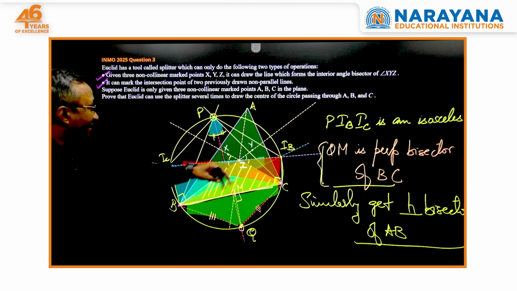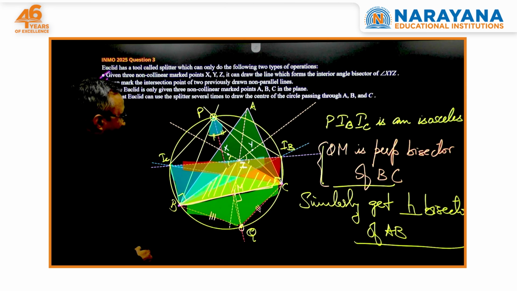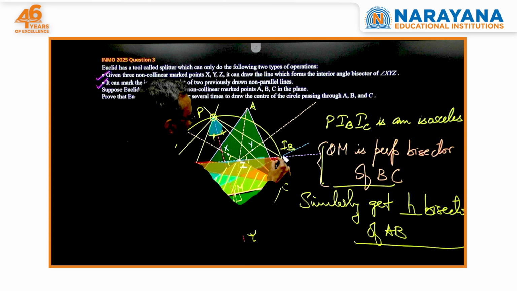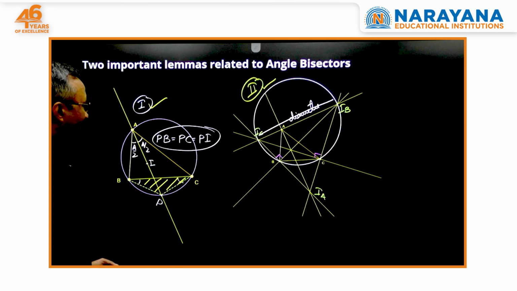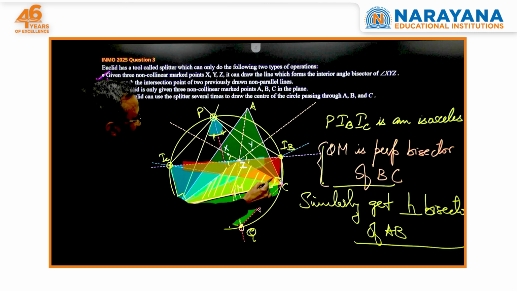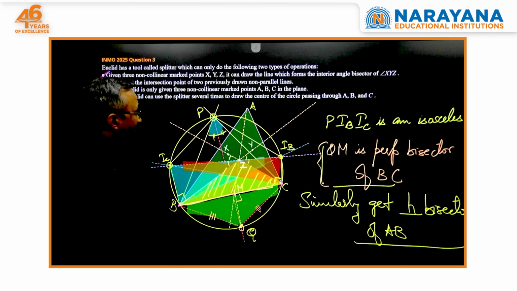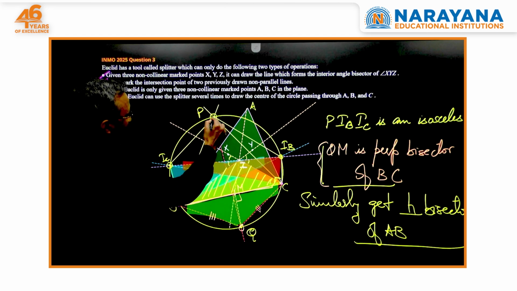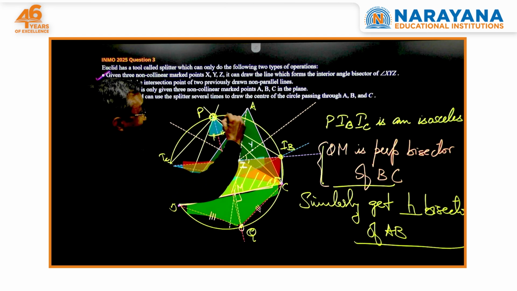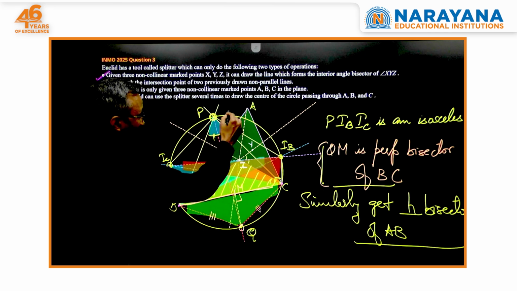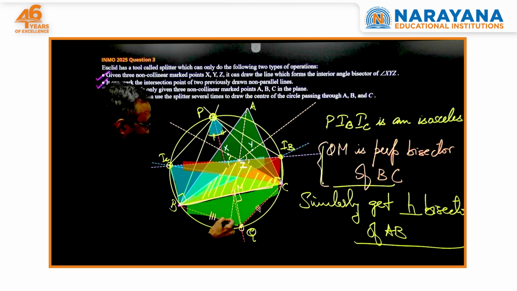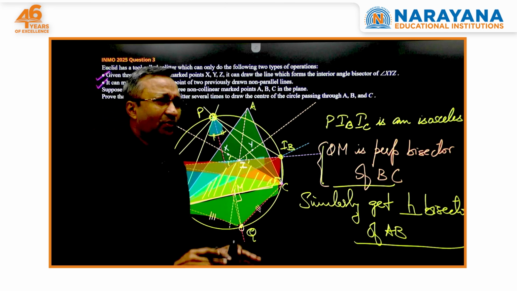So this angle bisector, and when these two internal angle bisectors intersect here, I_1 and I_2, we realize that this basically is the diameter as per this very lemma. I repeat, we get the internal angle bisector directly and the exterior angle bisector by this point. Now with this lemma, we realize that if we draw these two angle bisectors, we get a point P on the circumcircle of I_B I_C B C, and then we proceed for PBC, we get a point Q and one of the perpendicular bisectors, followed by the second.